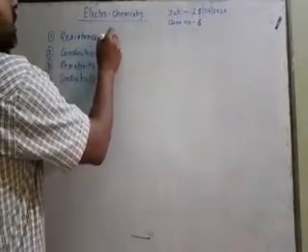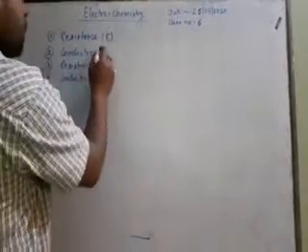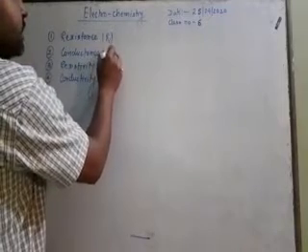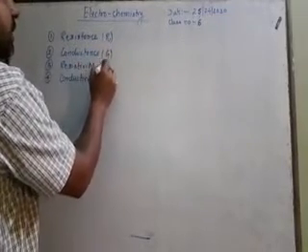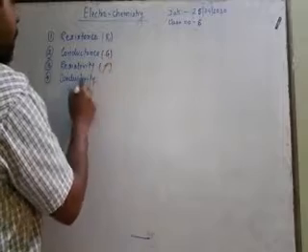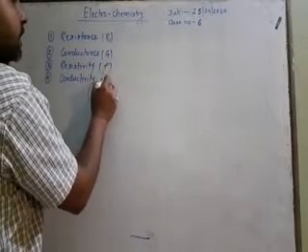Resistance is represented by R, conductance is represented by G, resistivity is represented by rho, and conductivity is represented by kappa.